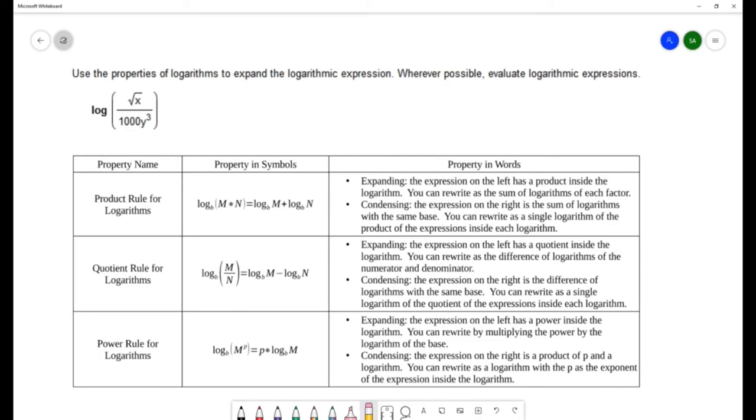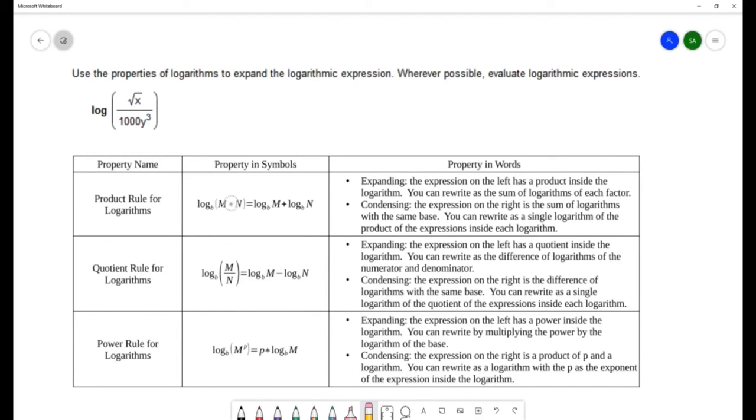So what we're going to do is notice that inside of our logarithm we do have a fraction, we have division, so we're definitely going to be using the quotient rule. And I sort of like to combine these product rules and quotient rules together. And you'll notice that they look very similar.